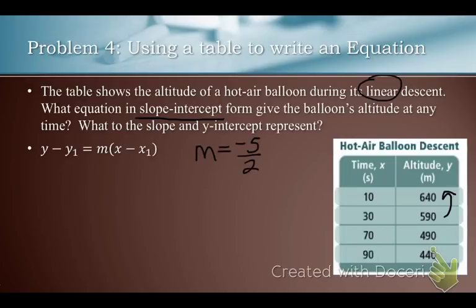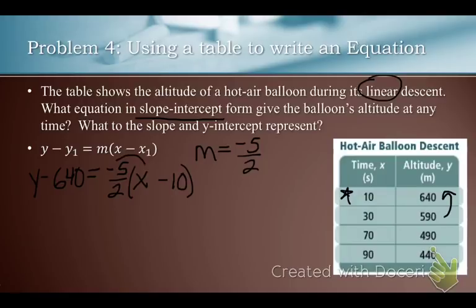Well, I can go ahead and pick an ordered pair, and I'm just going to pick the first one just because that makes it easy, and I'm going to substitute in here y minus my y number 1, which is 640, equals -5/2 times x minus my x number 1, which is 10. So as I work here, I need to get it to slope-intercept form. My goal at the end of the day here is to isolate that y and see if I have my slope-intercept form back here.